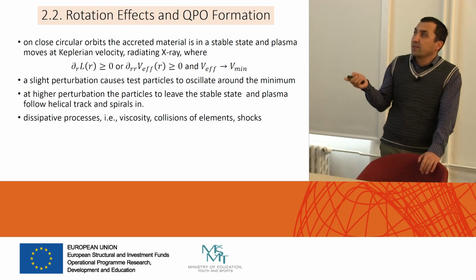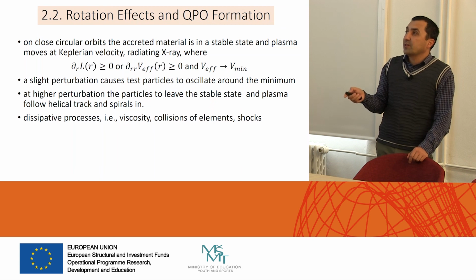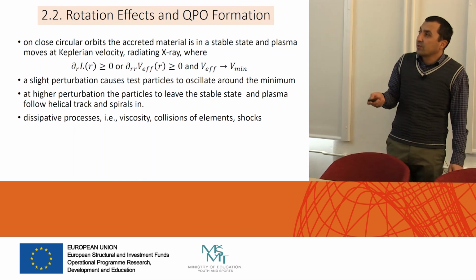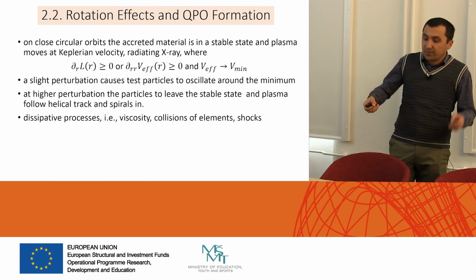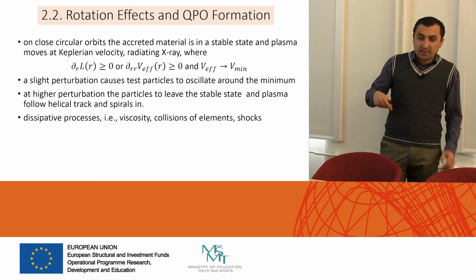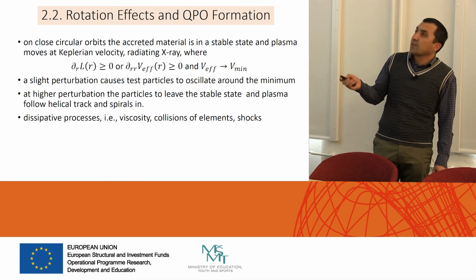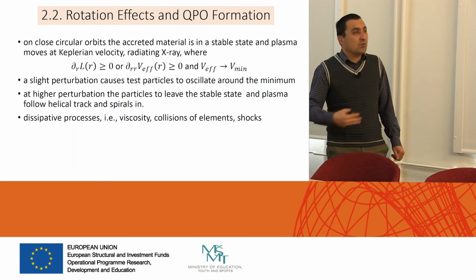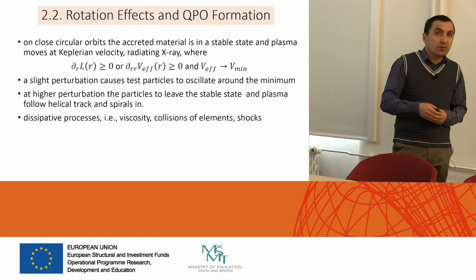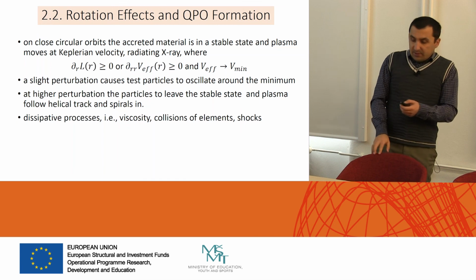It is the Larmor frequency, and this causes some dissipative processes in the accretion disk of neutron stars due to viscosity, the collision of elements, and shock waves in the neutron star accretion disk. This is a short review of the QPO mechanisms around neutron stars. So thank you.